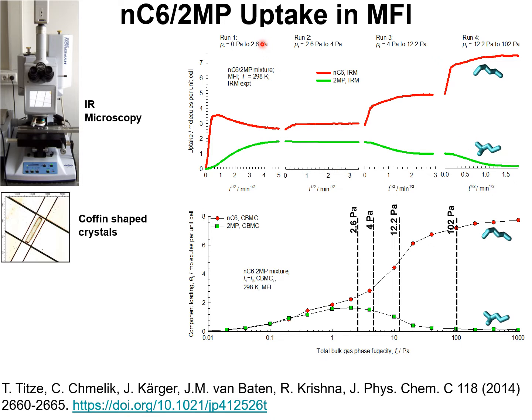These pressures, 2.6 pascals at the end of the equilibration step here, 4 pascals at the end of the equilibration step here, 12.2 pascals and 102 pascals are indicated by these vertical dashed lines.